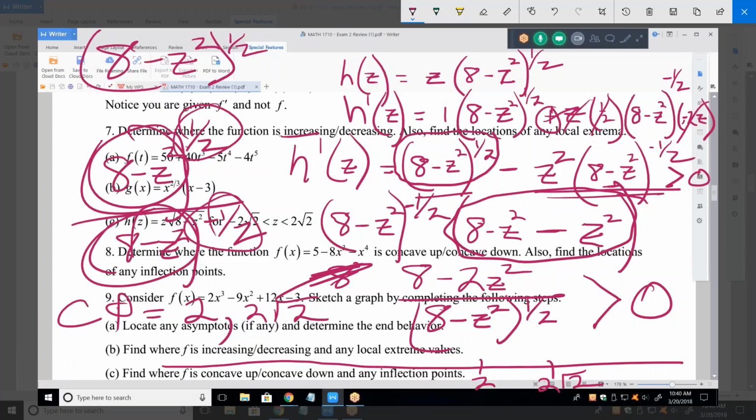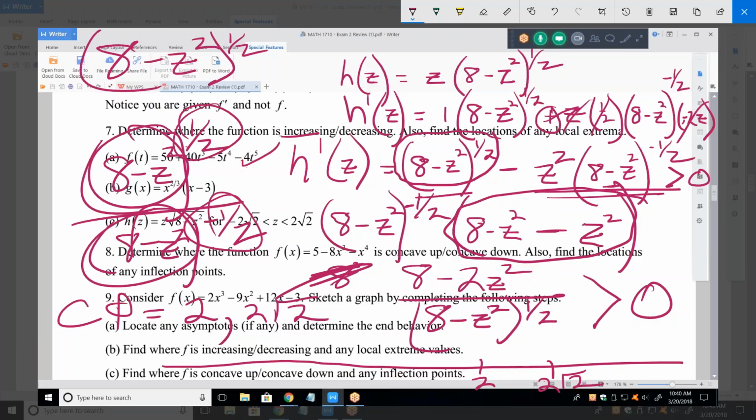Would you plug it into the one where it's set equal to 0, the 8 minus 2z squared over 8 minus z squared to the 1/2? Yes, I think. Hold on a second. Let me think about this. Yeah, we're trying to figure out where the first derivative is positive, so clearly we plug it into the first derivative function. And the first derivative function is that one.